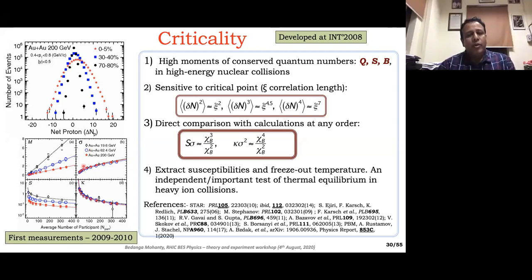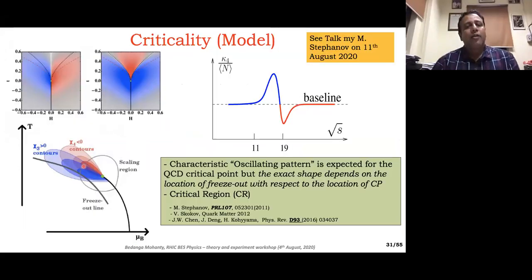Now, what do we expect from these higher moments? I've taken one particular model. Of course, the details of this Misha Stephanov will be discussing on 11th August in this series.